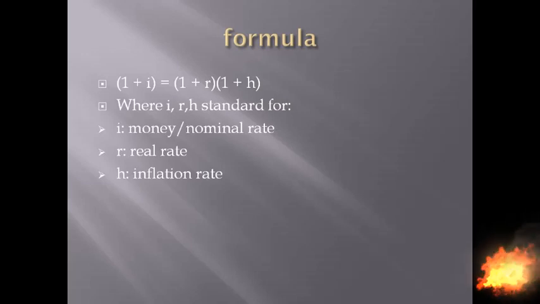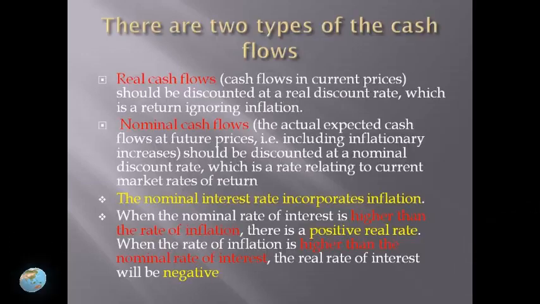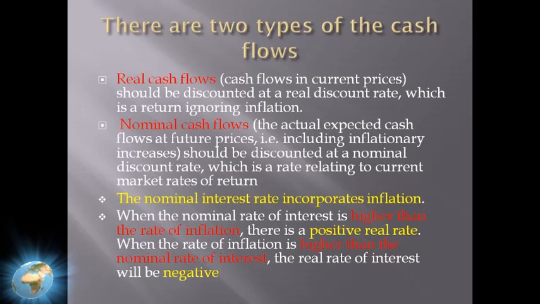Let us look at the types of cash flow. There are two types: real cash flow and nominal cash flow. When we talk about real cash flow, it means the cash you are generating or spending is in current price.